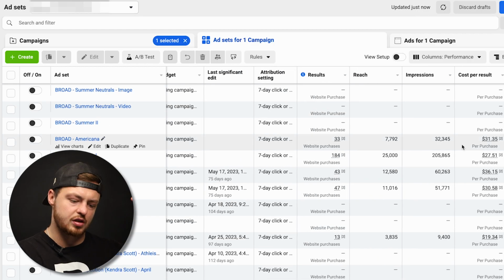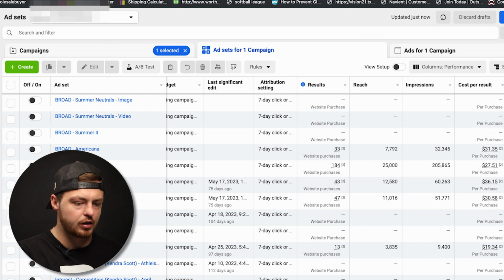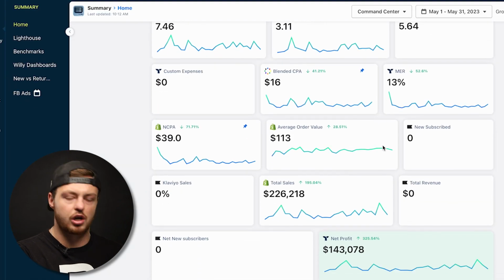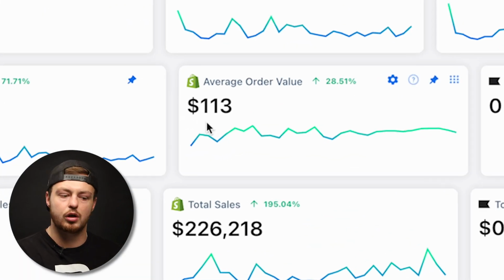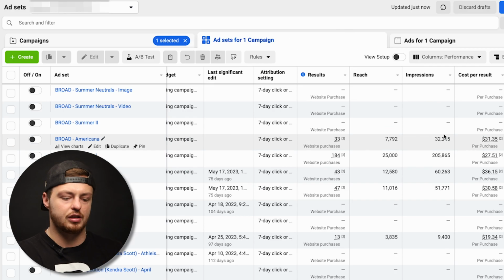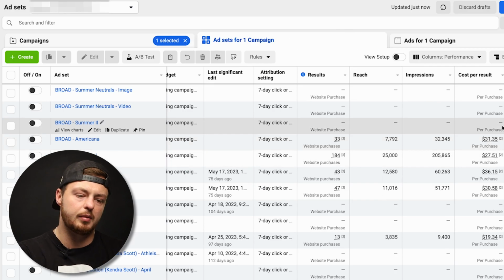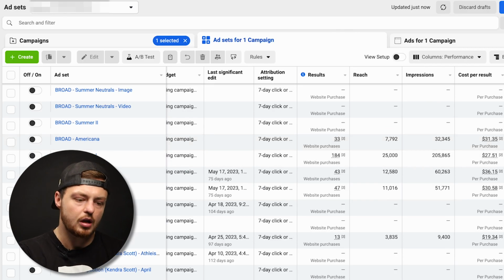So cost per purchases, well into the 30s. Our average order value, go back over to Triple Whale, was 113, so we went from 90 something to 113. Very easily can we spend $30 to make $113, absolutely. One thing that I do want to look at here as well is that inside over here, our 60 to 90 day LTV. So in the last 3 months, we're at July, so this kind of hits both time frames.